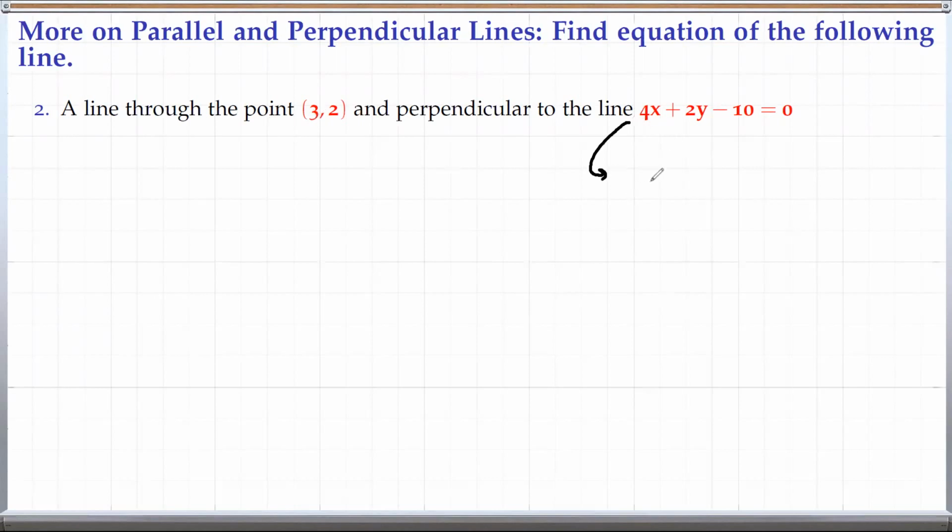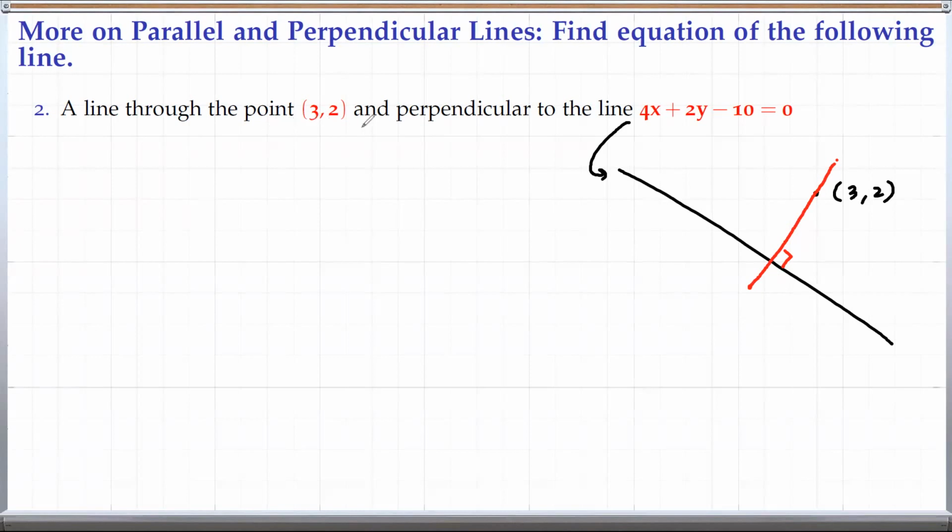So let's say this line has a graph something like this one, and the line we want to find is perpendicular to this line and contains the point 3, 2. So let's put 3, 2 over here, and we want to look at the line that goes through 3, 2 and is perpendicular to the given line. So maybe something like this. All right, so now we want to find the equation of this line here.